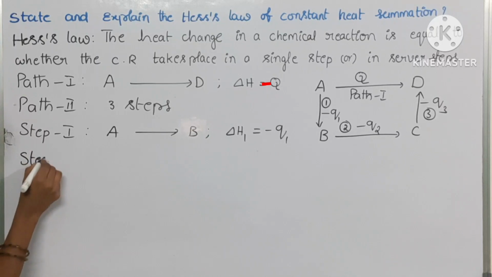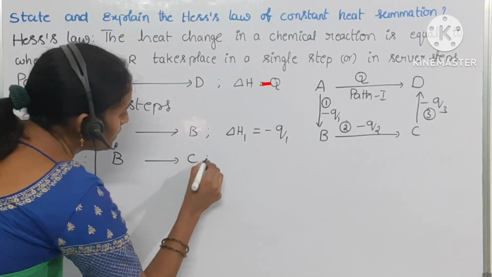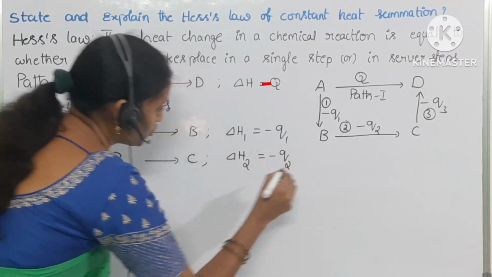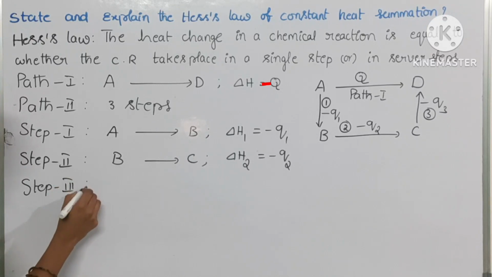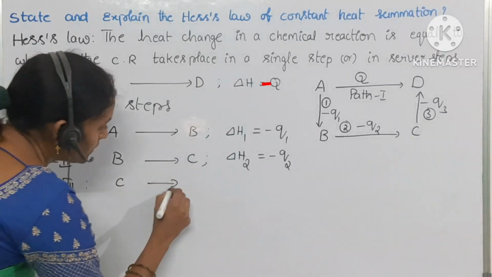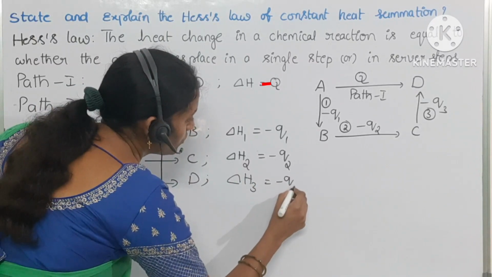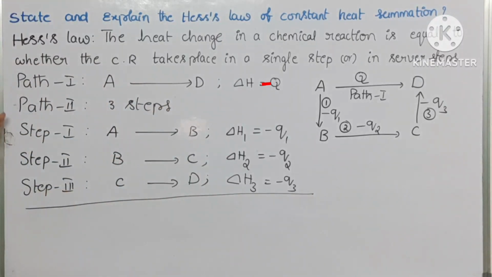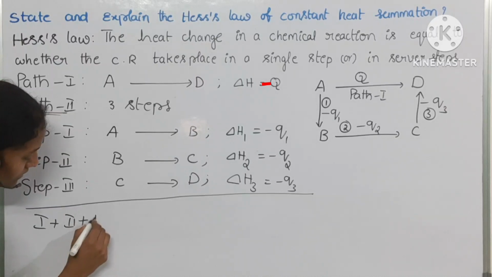Step 2: B to C, that is delta H2 equal to minus Q2, and step 3: C to D, that is delta H3 equal to minus Q3. In the case of path 2, you can add all these three steps: 1 plus 2 plus 3.